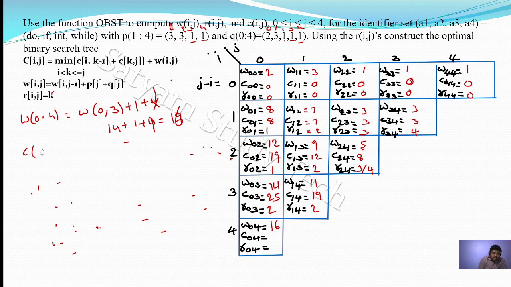Now C of 0,4, where 0 is less than k, and k is less than or equal to 4. That's why the k values are 1, 2, 3, and also 4.